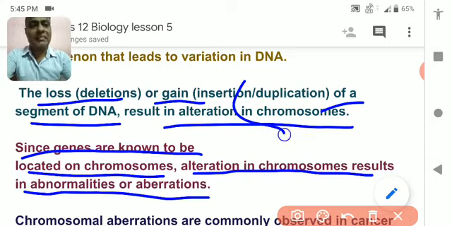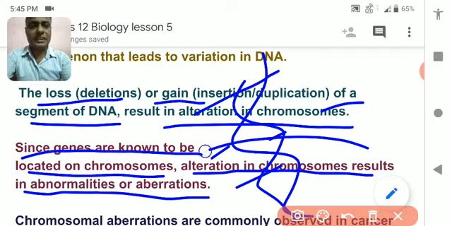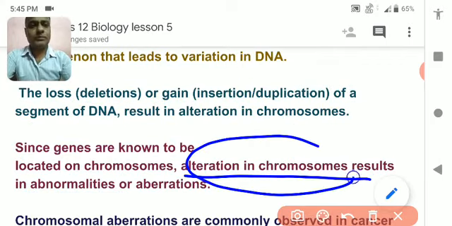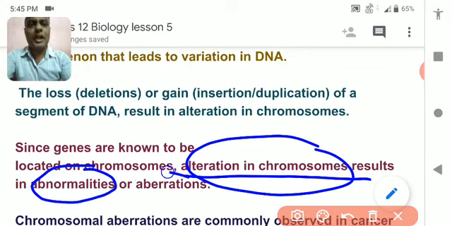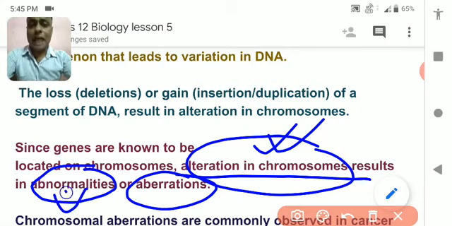If the DNA changes, then the chromosome automatically changes, and the alteration of chromosome causes abnormality or aberration. Are you understanding? So if there is a minor or major change in the chromosome, this causes abnormalities or aberration, meaning certain unwanted changes. I think you understood.